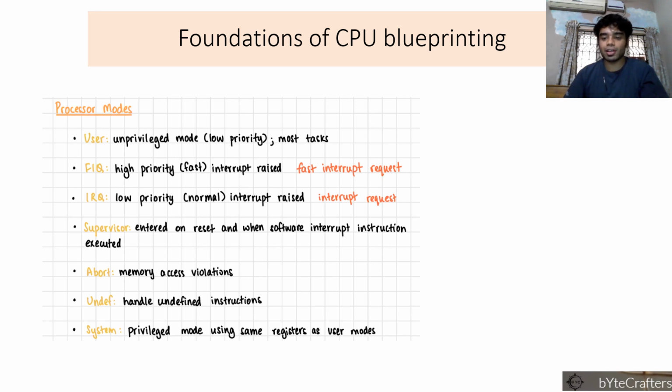Similarly, if the system enters abort mode, all the processes are stopped, and the system will shut down and restart. That is how you can imagine abort mode. Undefined mode is when the system handles undefined instructions. And system mode is very similar to user mode; it uses the same registers, but it's more privileged than the user mode.